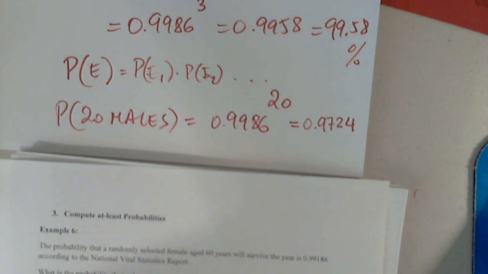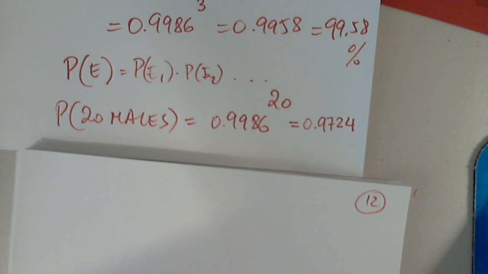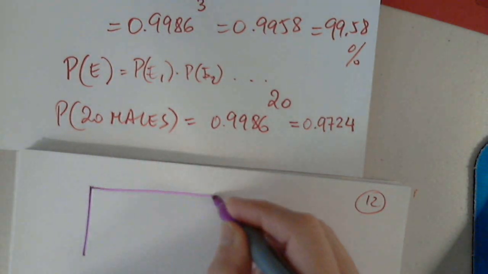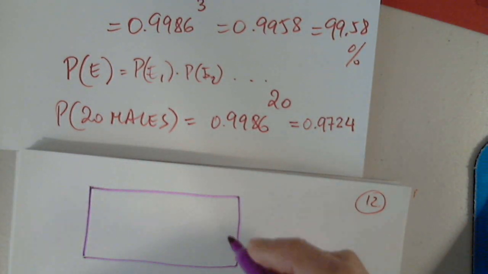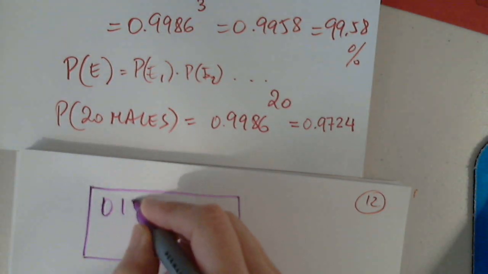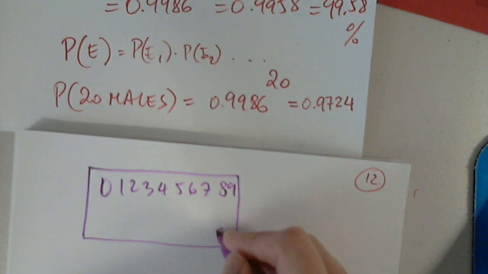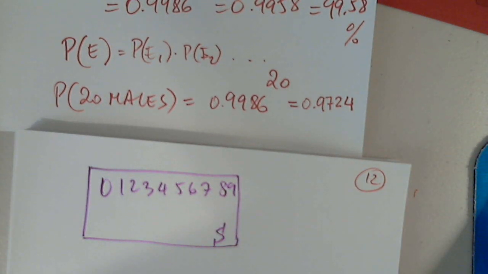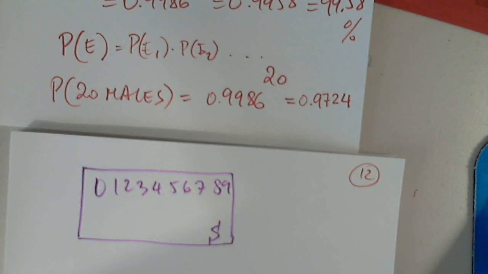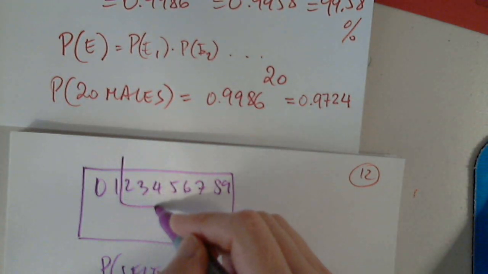So at least probabilities. So for example, if I go back to before we do that example, if you remember, we had 0, 1, 2, 3, 4, 5, 6, 7, 8, and 9 numbers in the sample space. So the probability of selecting at least 2 will be this probability.